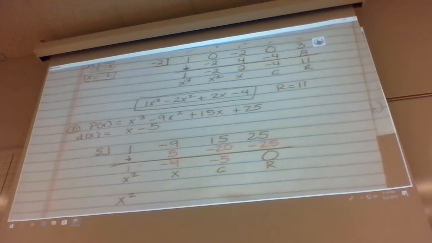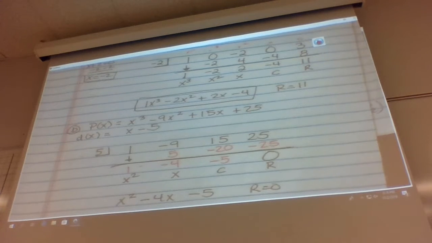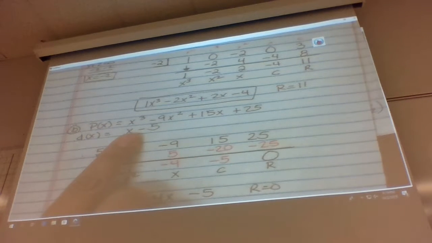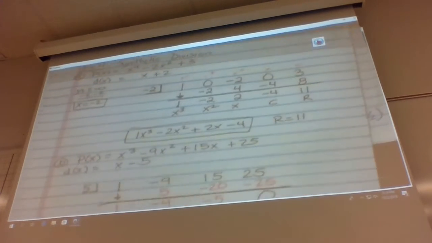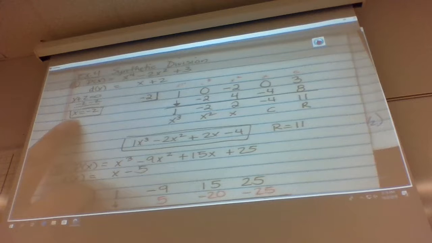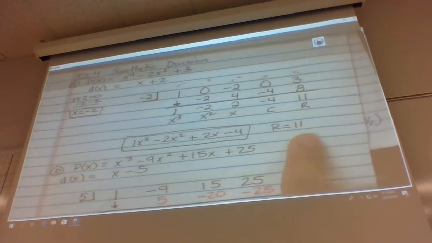Now, I need for you to understand why the remainder is 0. The remainder is 0 because this is a factor to the answer. This is not a real factor because it's not a 0. So a factor is a solution. If I were to graph this, it's going to cross the graph at positive 5.